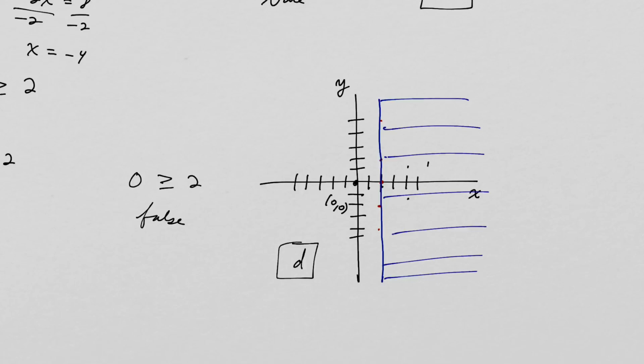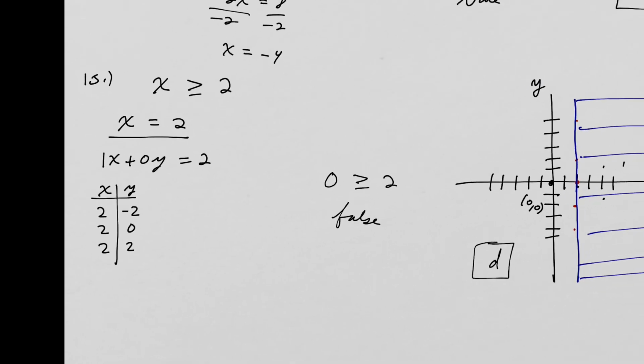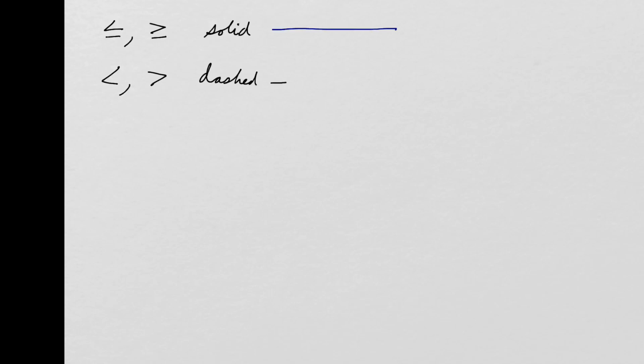Okay, and remember, in most of our examples, it just happened to turn out that the inequality was less than or equal to and greater than or equal to. Remember, in that case, that's when you draw a solid line. And then if we have strictly less than or strictly greater than, so there's no equal to, then the line would actually be a dashed line.